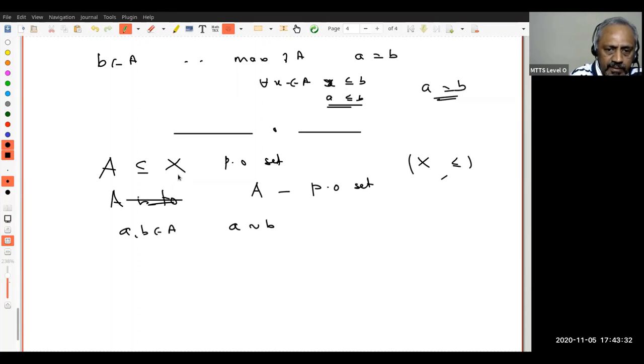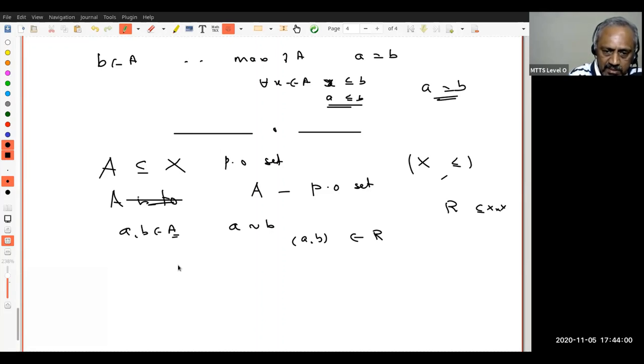Are you following? Remember, your relation is R on X cross X, right? So if you give me two elements a and b in A, I want to say a is related to b if (a, b) belongs to R. So that means any partial order on X induces a partial order on A. It defines a relation on A, but you have to check it is partially ordered.